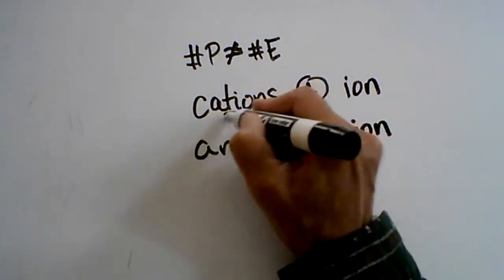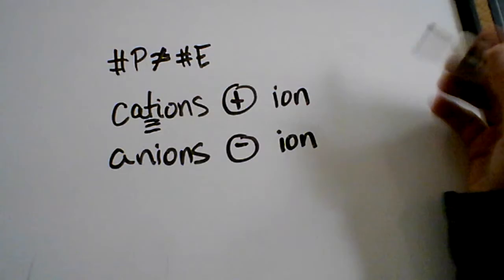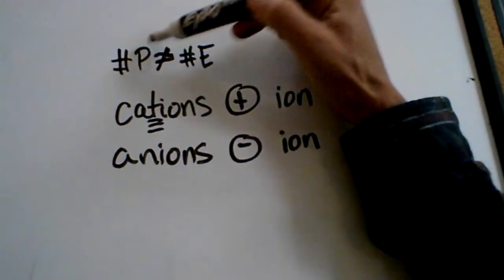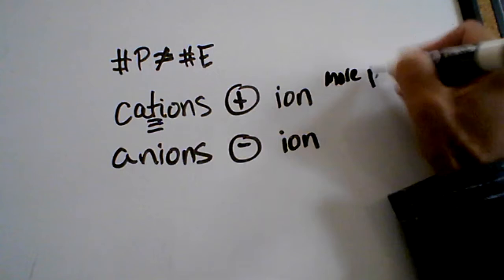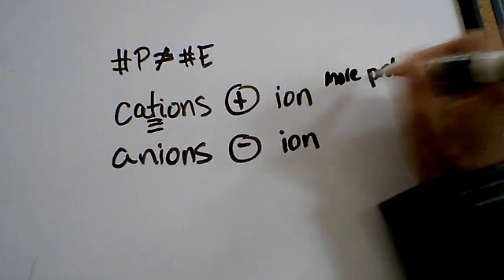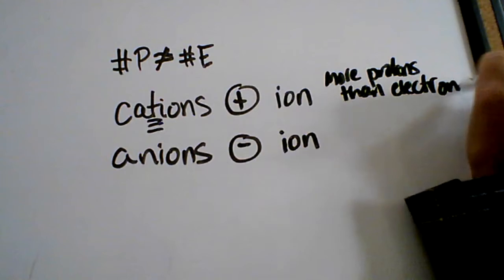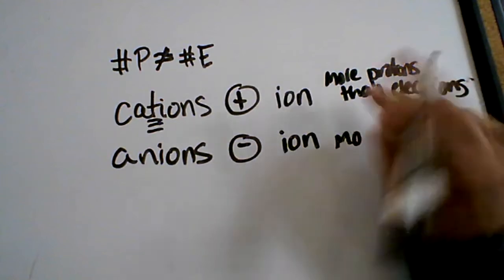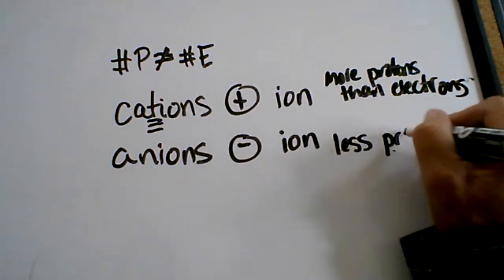Easy to remember: the t in cation looks like a positive sign. If you're positive, that means you have more protons than electrons. If you're negative, it's because you have fewer protons than electrons.